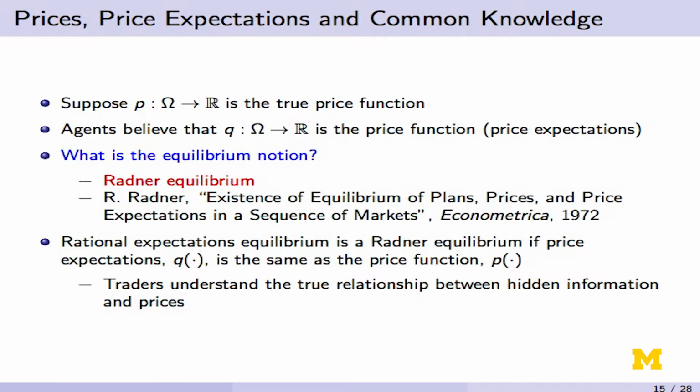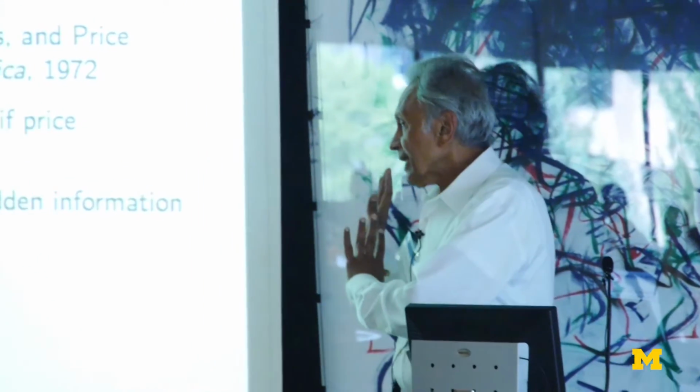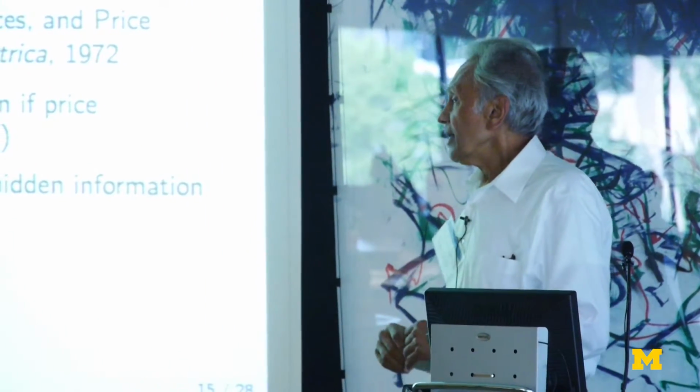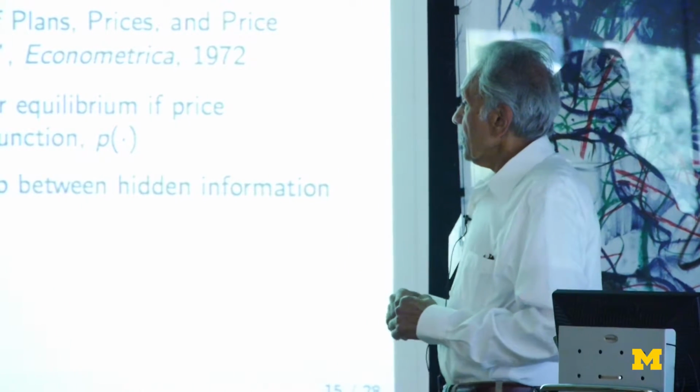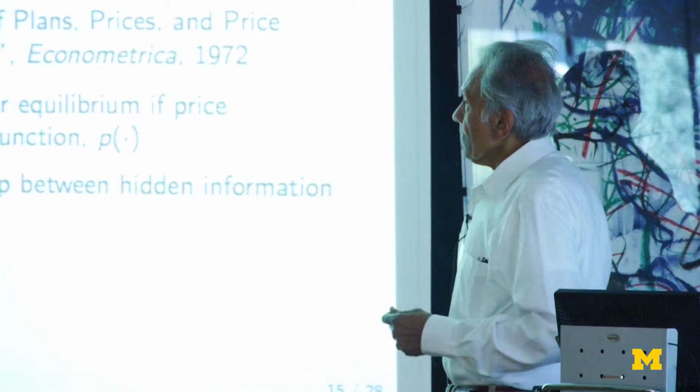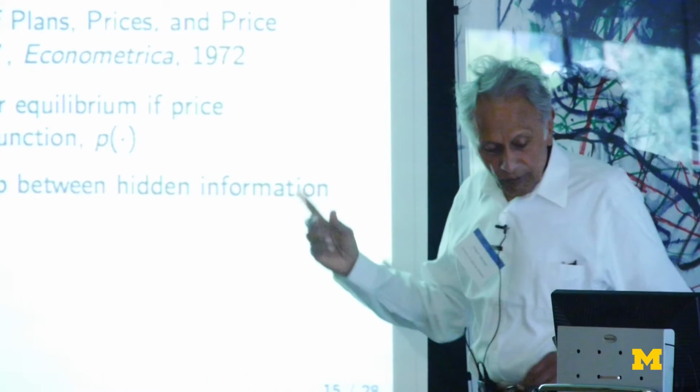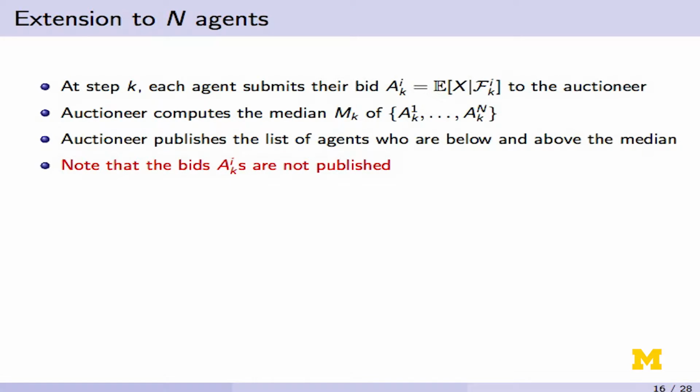So they understand the true relationship between the hidden information that people have and the prices that they know. So that's the story, and that's the economic connection to the equilibrium price.